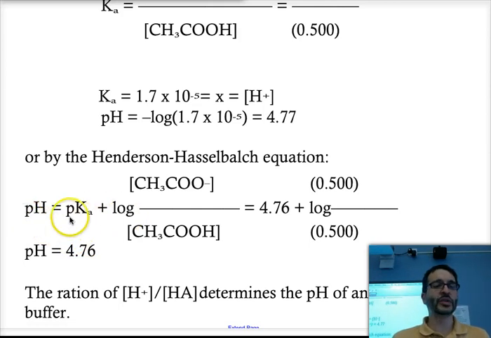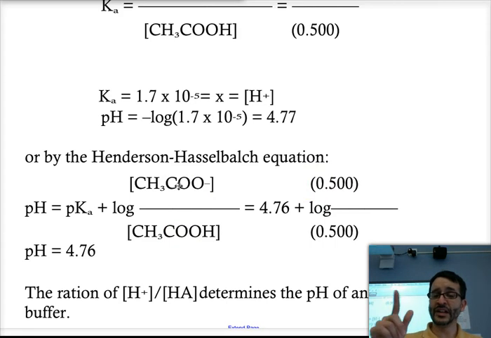If we put this into the Henderson-Hasselbalch equation, we get that pH is equal to pKa plus the logarithm of the concentration of the conjugate base over the concentration of the acid. Because the concentrations of the conjugate acid and conjugate base are the same, that will be the logarithm of 1, which is 0, and you end up with pH equals pKa.